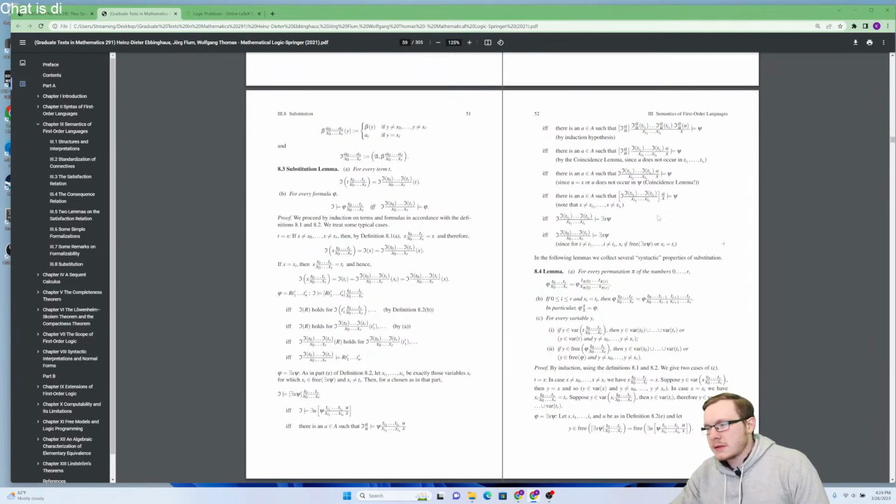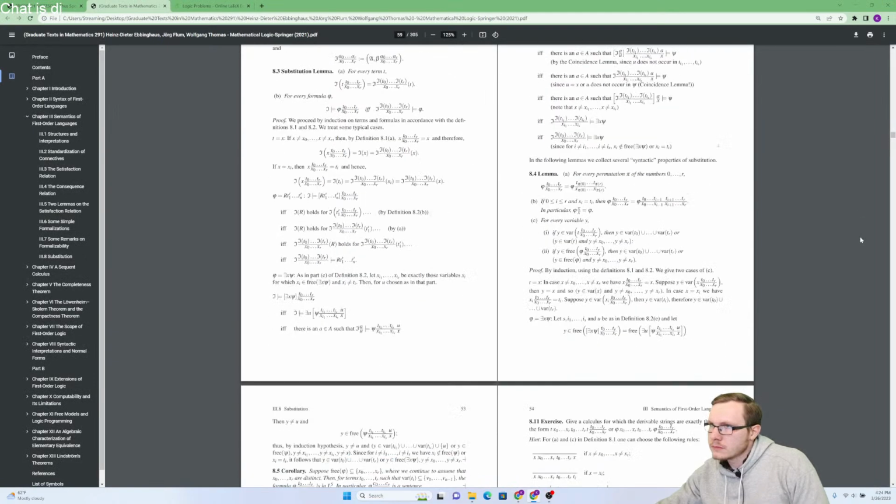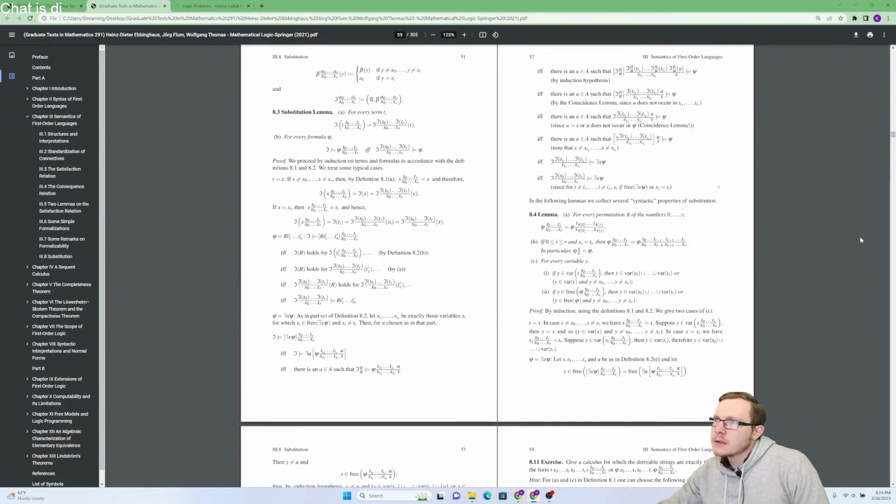Okay, so let's try and keep on going through just to get to the end of this chapter. And then I'll probably read one section of Thus Spoke Zarathustra. So if you permute the numbers then it remains the same.